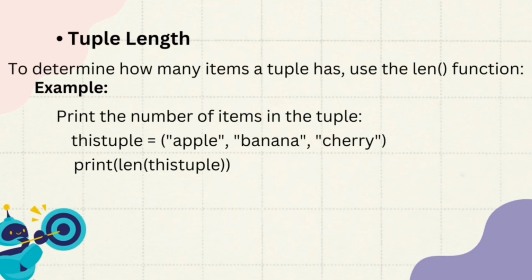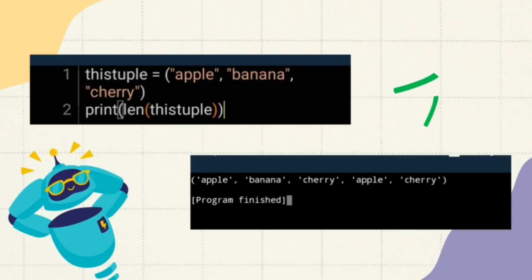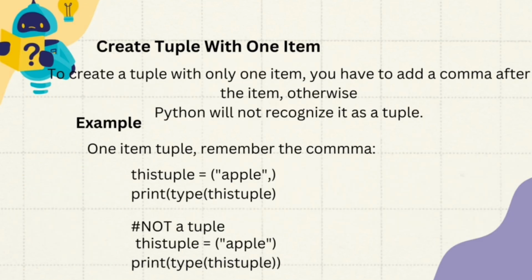Tuple length. To determine how many items a tuple has, use the len function. Create a tuple with one item. To create a tuple with only one item, you have to add a comma after the item, otherwise Python will not recognize it as a tuple.